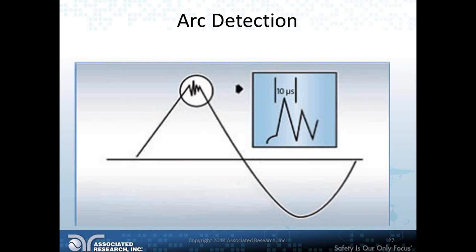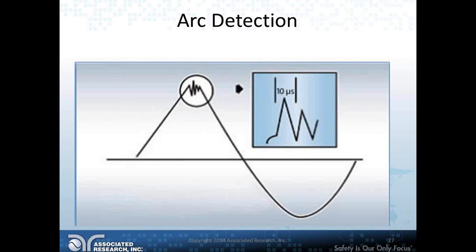So how does the Associated Research electrical safety tester detect an arc? Well, looking at this picture, the Associated Research arc detection circuitry basically consists of a high-pass filter circuit that responds only to frequencies greater than 10 kilohertz.